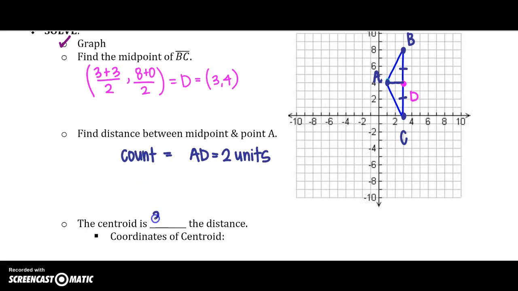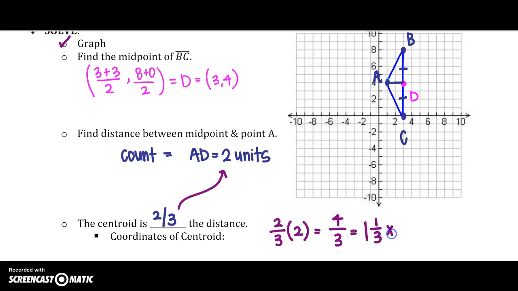Now remember, the centroid is where it is balanced, so we need to find 2/3 of that distance. So I'm going to take 2/3 times 2, and then I get 4/3, which also equals 1 1/3.